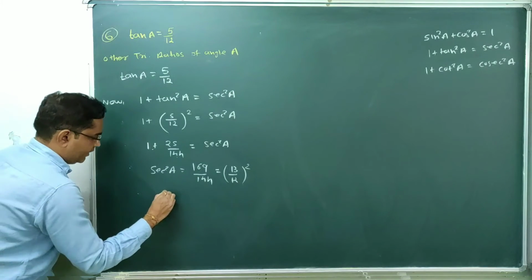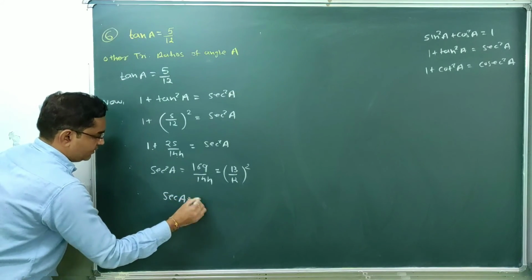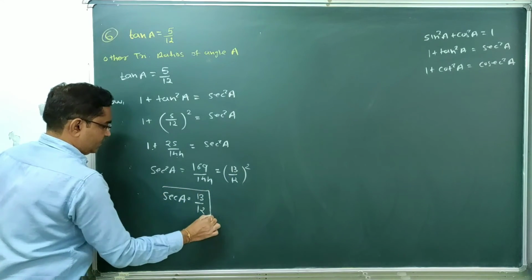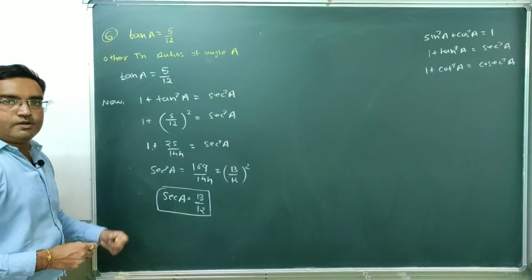And therefore the value of sec A is the square root of this, 13 by 12. Done? This way you can find the value of sec A.